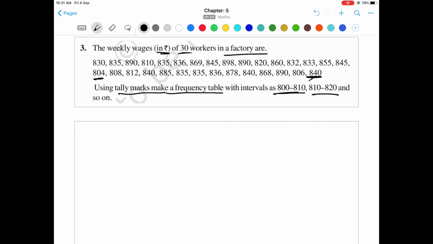This is the smallest data that we have. Okay, and the highest data that we have is 898. So the highest data here is 898 and the smallest is 804.